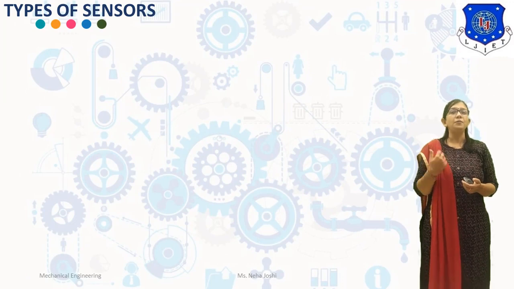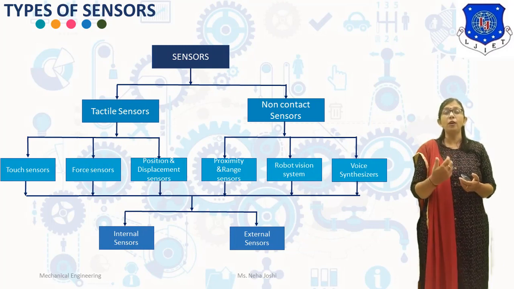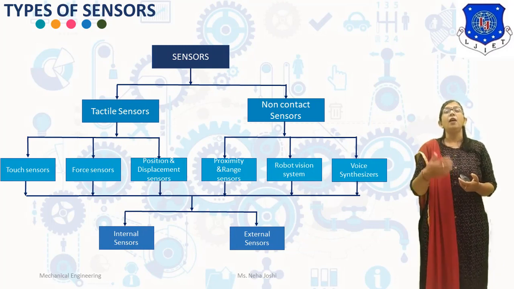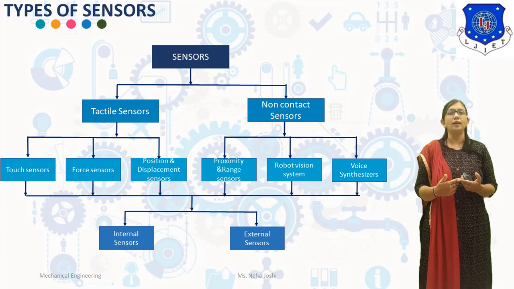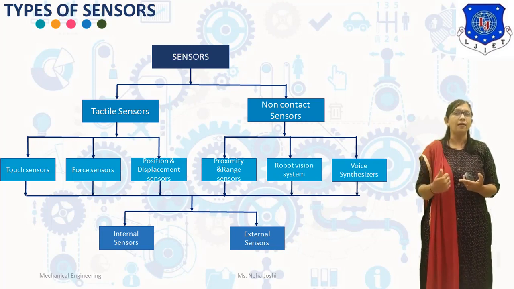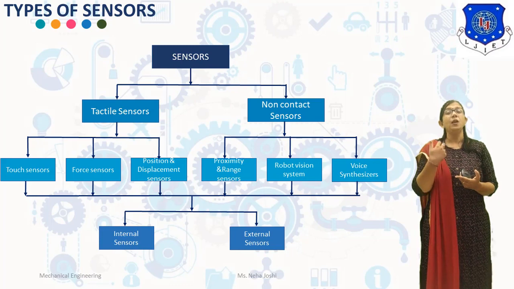Now, we will discuss the types of sensors. Based on the context, sensors can be defined in two categories. First one is tactile or contact sensors, and second one is non-contact sensors. Contact sensors are also divided into three categories: touch sensors, force sensors, and position and displacement sensors.